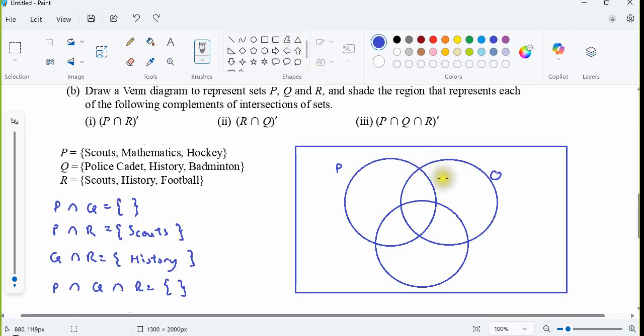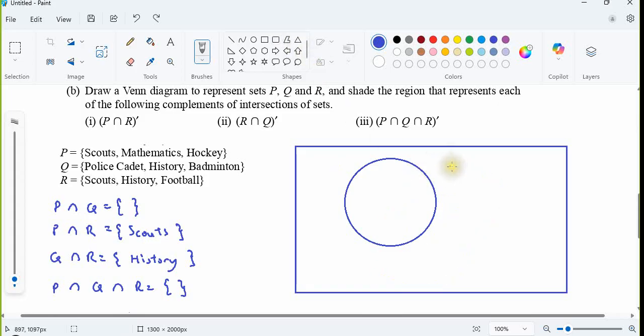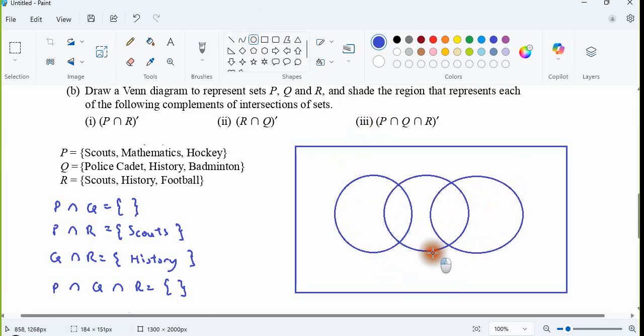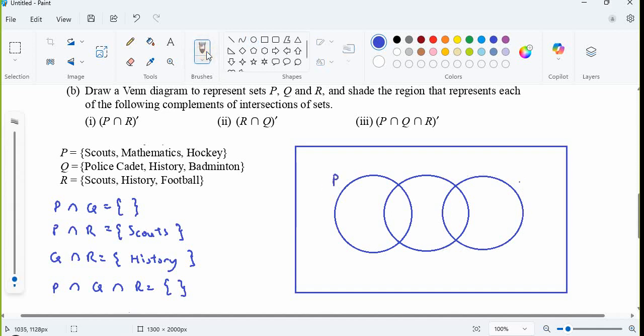Okay, I can draw it the other way. So P, Q, R have an intersection only. Like this will be better. So we have P, Q, and R here.